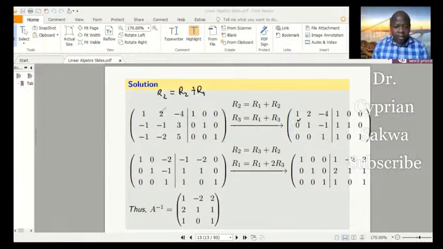This 2 plus negative 1, you have 1. When you add these two, you have negative 1, and when you add this and that, you have 1. When you add this and that, you have a 0.